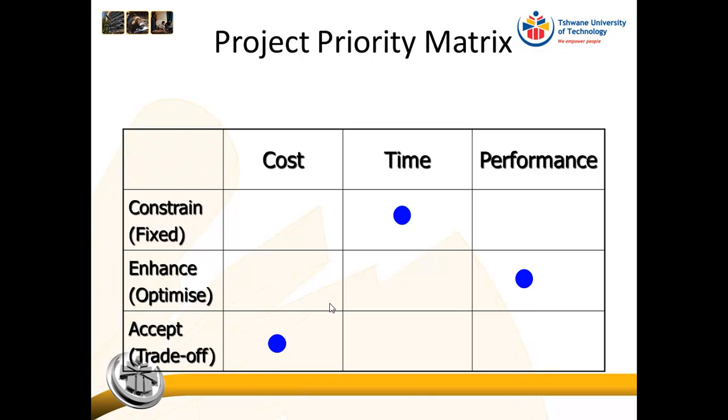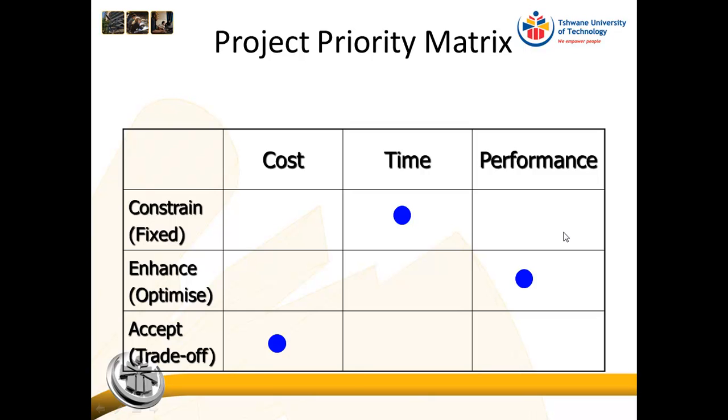Here is another example. So this would be the example of the Soccer City Stadium. The main constraint, the fixed constraint, was time. So if the stadium was not completed by June 2010, the project would have been a complete failure. So any decisions that we took in terms of the Soccer City Stadium, time was of the essence.